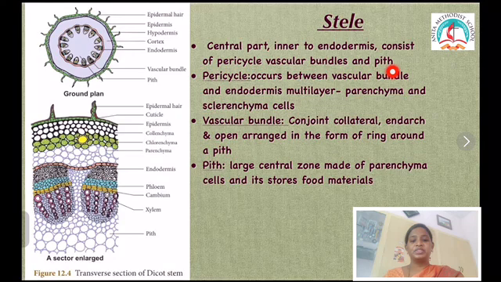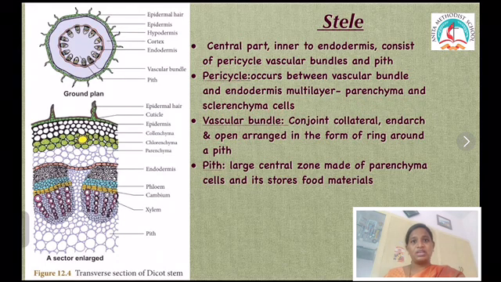See, this full structure is stele. The first division in stele is pericycle. Pericycle lies between vascular bundle and endodermis. It is a multilayer zone which is made up of parenchyma and sclerenchyma cells.